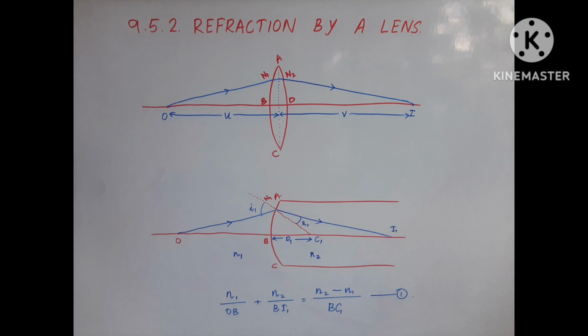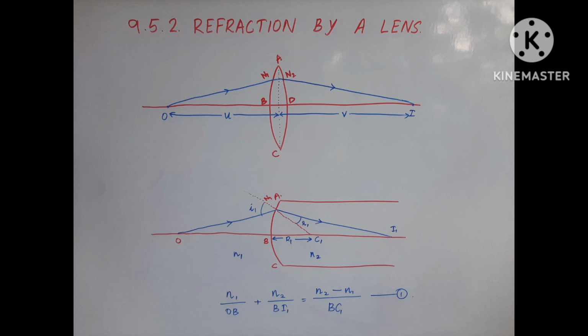Here R1 is the radius of curvature, and when we apply equation 9.15 from the previous section to this case, we can write the equation as n1 by OB plus n2 by BI1 is equal to n2 minus n1 by BC1. This equation is from 9.15, and we can use it in this situation.